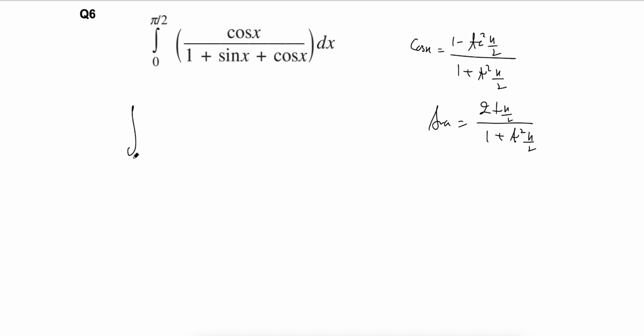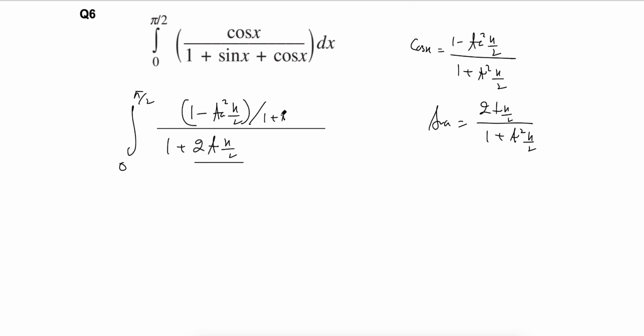Sorry, something wrong I said. So this value I will put. That will become 1 minus tan square x by 2 divided by 1 plus 2 tan x by 2, by 1 plus tan square x by 2, plus 1 minus tan square x by 2 divided by 1 plus tan square x by 2.